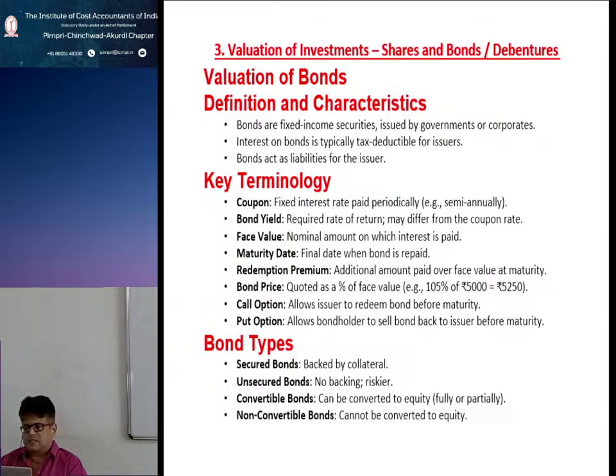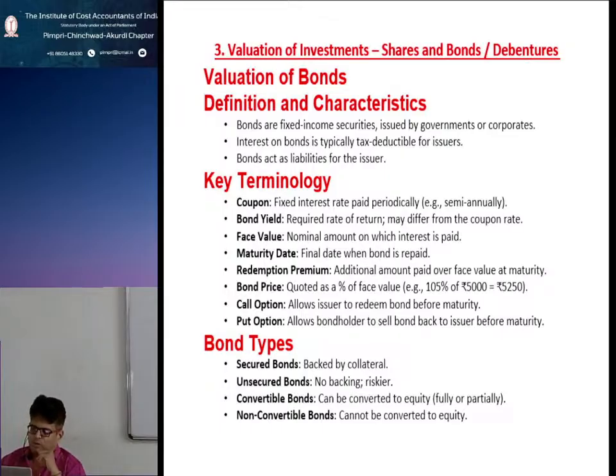Then there are certain options that are attached to a particular bond. Those options could be a call option. A call option allows the issuer to redeem the bond before maturity. So in a way the issuer calls back the instrument, and while calling it back he has to repay the amount, redeem the maturity amount before maturity.